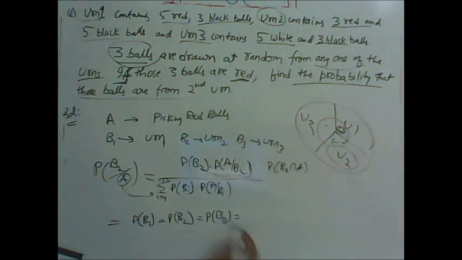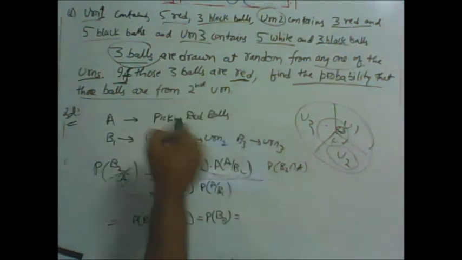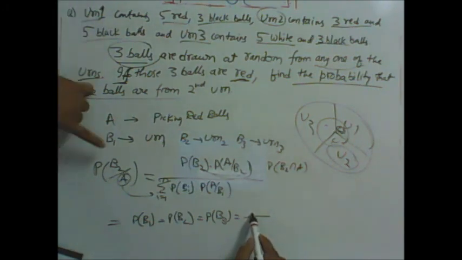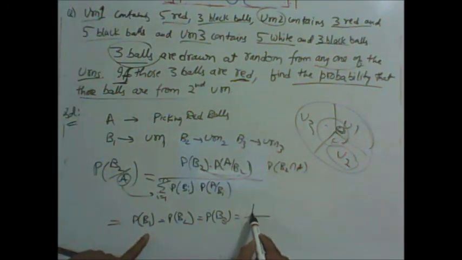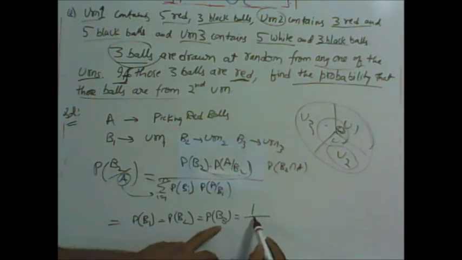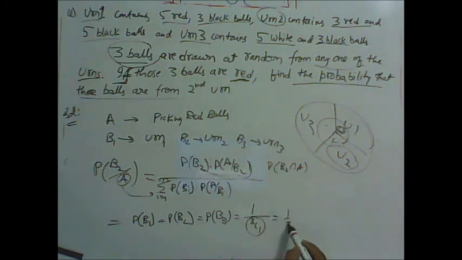Among the given number of urns, if we want B1, we have only one B1. If we want B2, only one B2. If we want B3, only one B3. So choosing one of them out of the total number of urns is 1C1 by 3C1, which is 1 by 3.